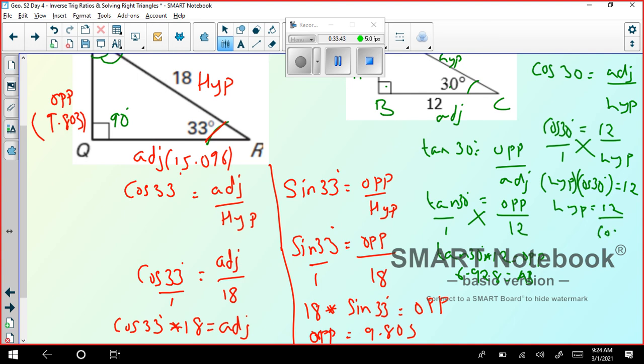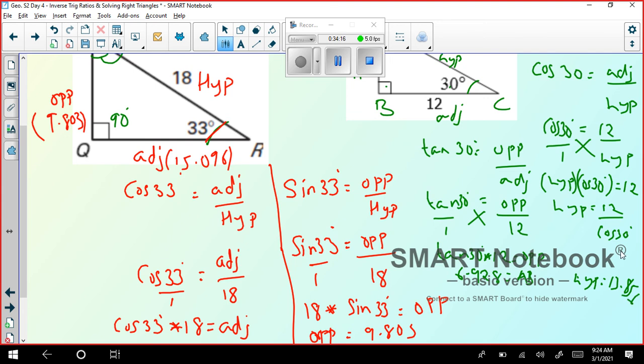Once again substitute that in calculator to get your final answer. 12 divided by cos 30 degrees. That gives us 13.856. Hypotenuse is 13.856.